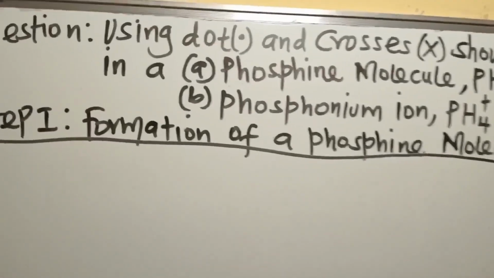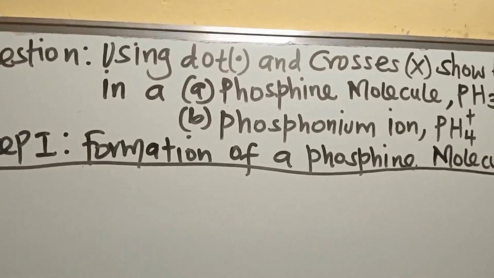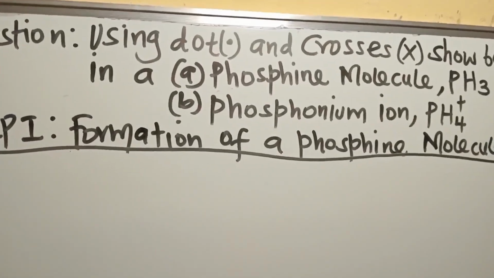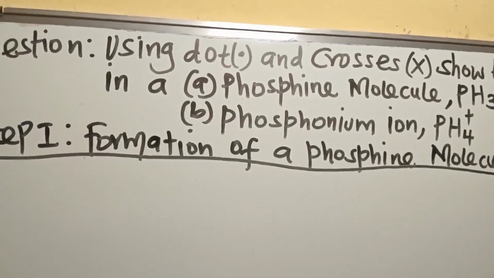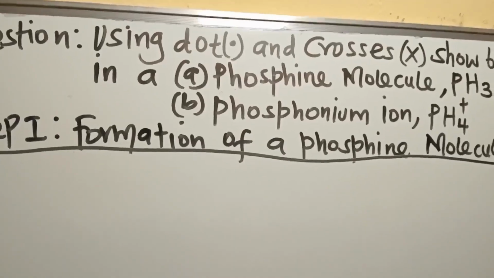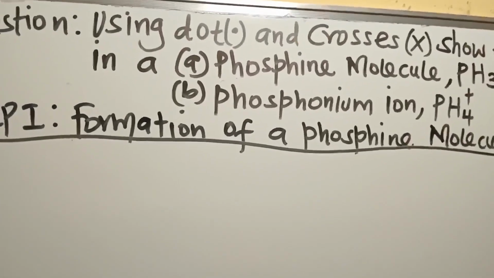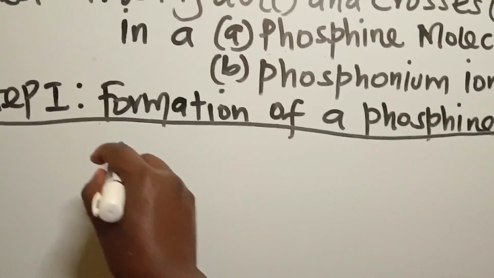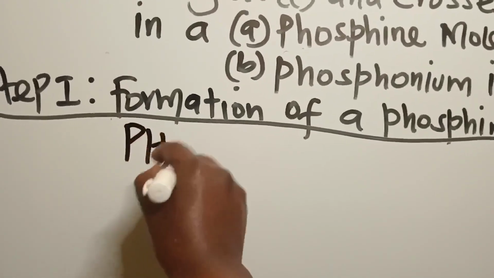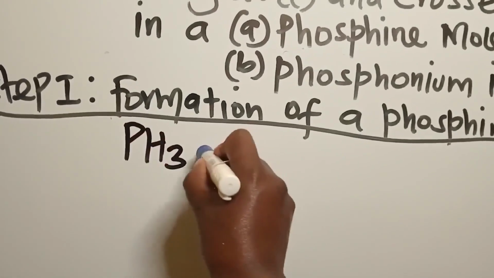So the first point is where we determine which element will be taking the dot and which element will be taking the cross or the letter X to represent the electrons. So in the phosphine molecule, we have two elements.